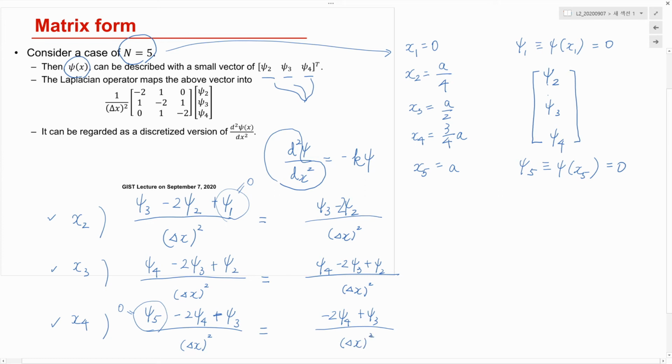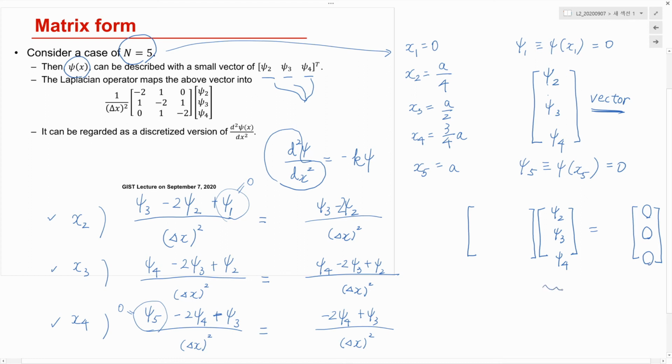Okay, then since we have introduced a vector form, then maybe the operator applied to this vector can be regarded as a matrix. So if we adopt this representation, then we have a certain vector and a matrix, so that gives us another 3 by 1 matrix.